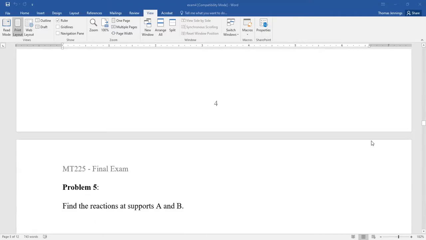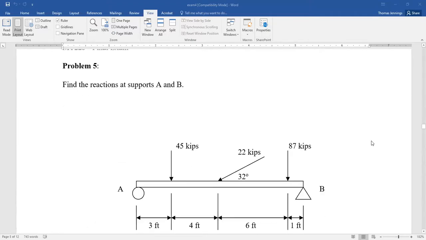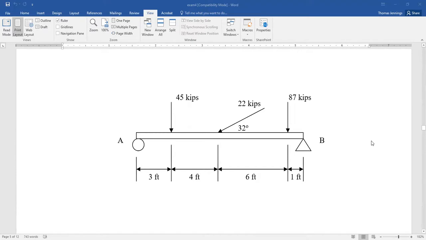Then the next thing we did was to find reactions at supports. And so we have a beam problem. And with the beam problem, we have to put moments together with our ability to resolve forces and draw a free body diagram. Now, something to watch out for in this problem is the supports are reversed from how we normally see them.